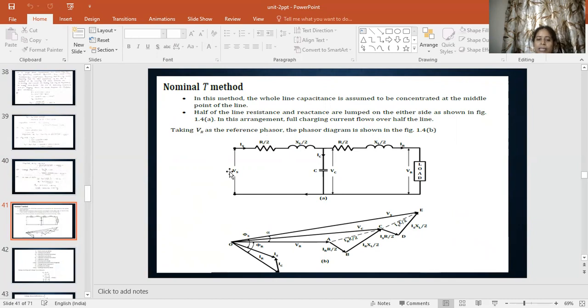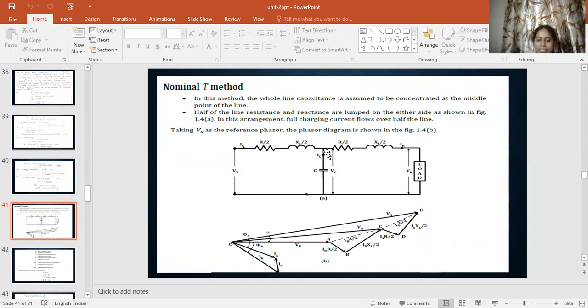Taking VR as the reference vector, for the phasor diagram we draw the VR value as the reference. Vs is the sending end voltage, Vc is the capacitive voltage, and VR is the receiving end voltage. Here three voltage representations are there. Vs equals Vc plus some drop occurring in the resistance and inductance.